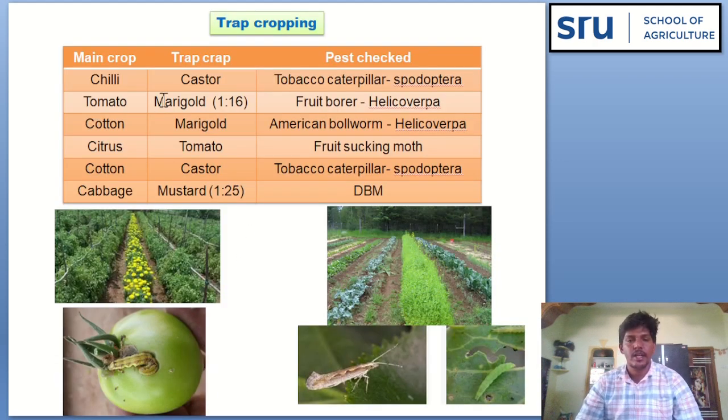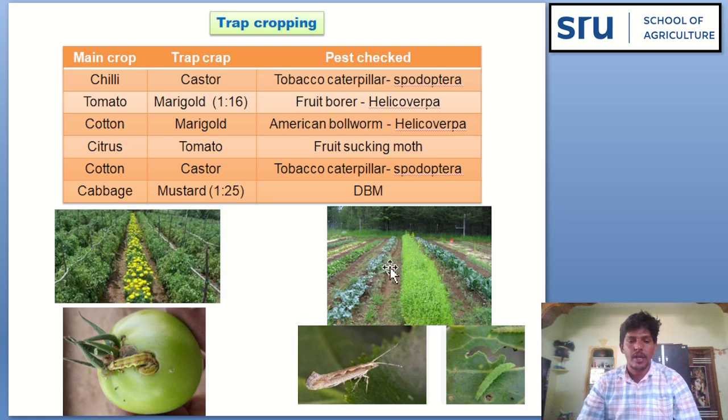See here, it is very important here, the ratio. In tomato main crop, we are growing marigold as a trap crop. The ratio must be 1:16 for effective management. That is, one row of marigold for 16 rows of tomato.